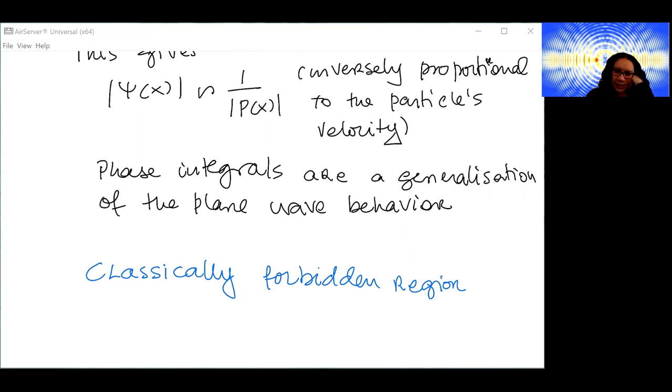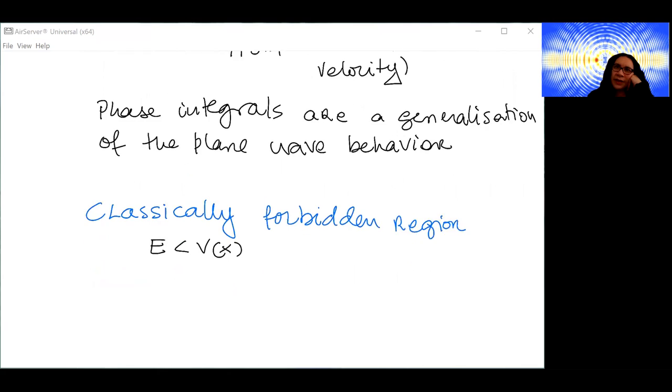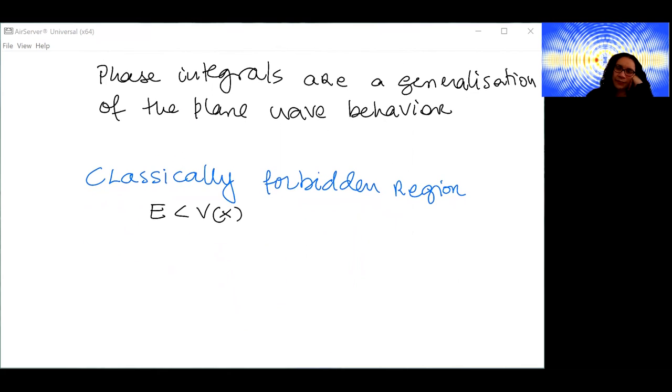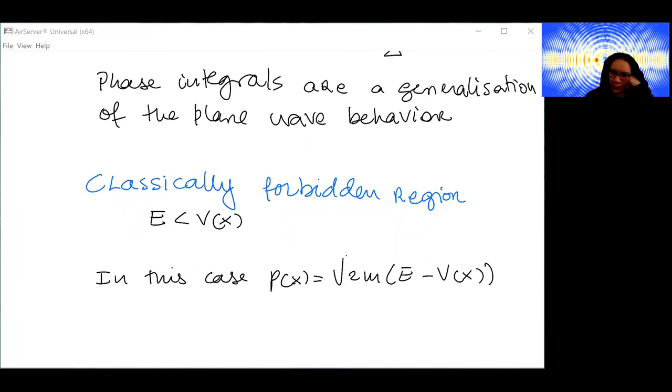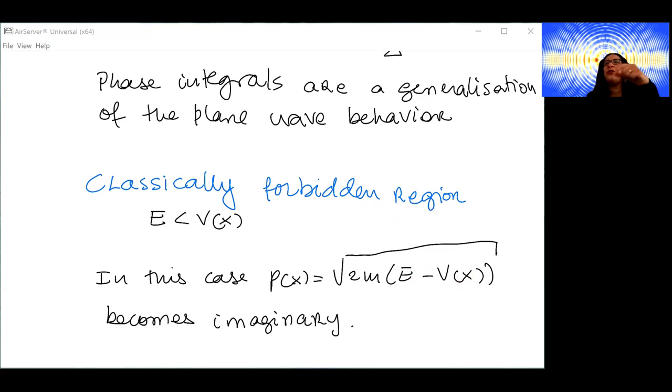So for this we need E smaller than V x, and in this case p x, which is given by the square root of 2m (E minus V x), becomes imaginary. This is clear because this here is going to be negative. So you're going to have the square root of a negative number, which then is going to be imaginary.